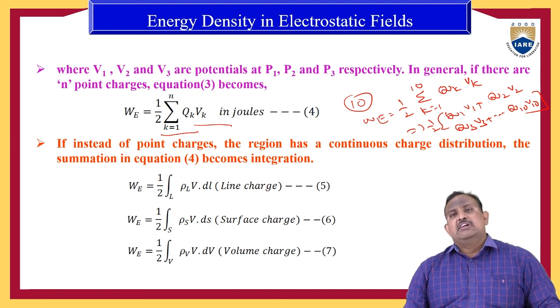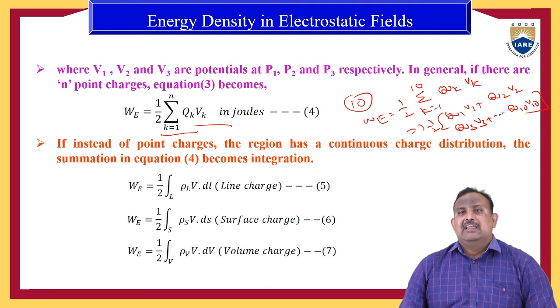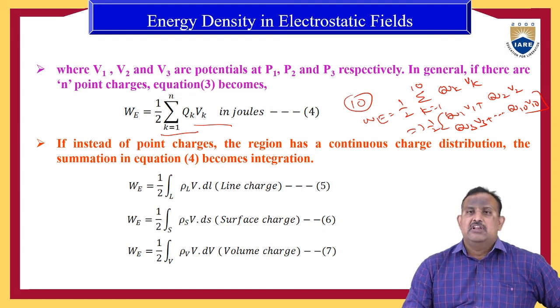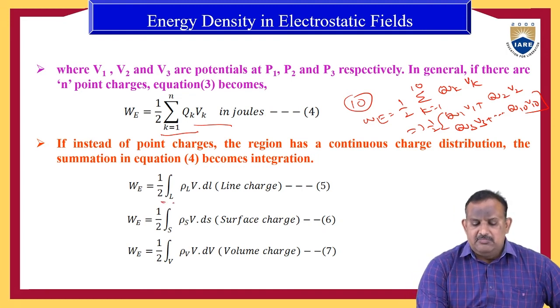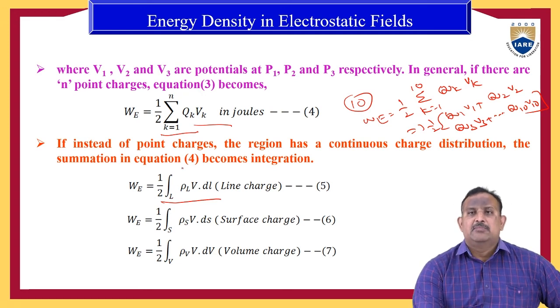Now in place of point charges, we can assume continuous charge distributions like line charge, surface charge and volume charge. Here the summation becomes an integration. Let us assume a line charge.